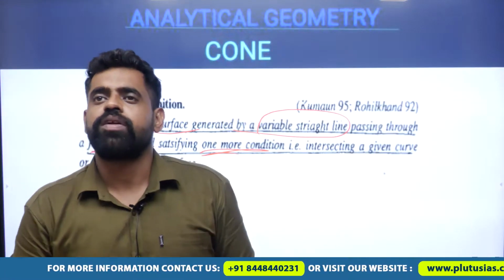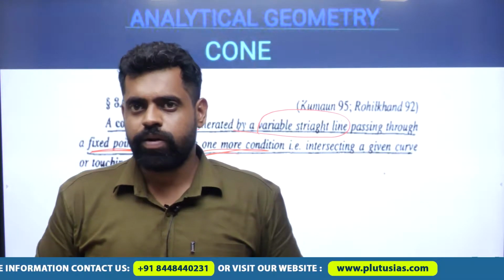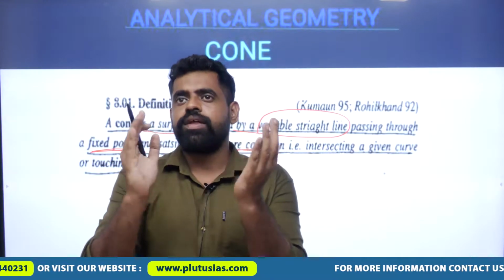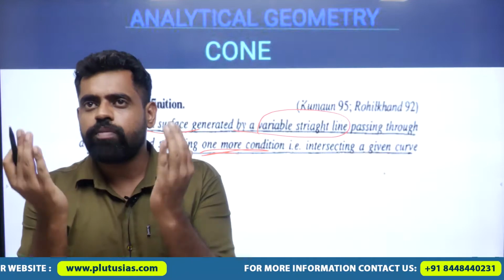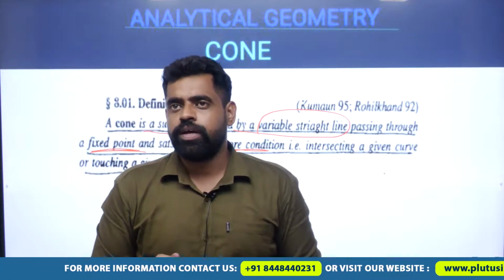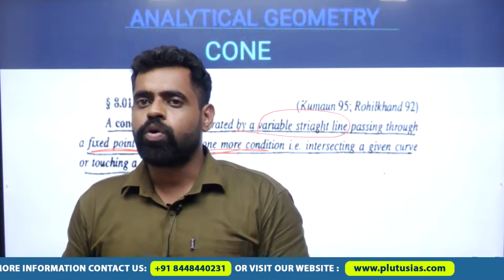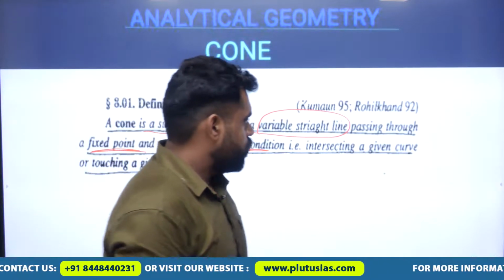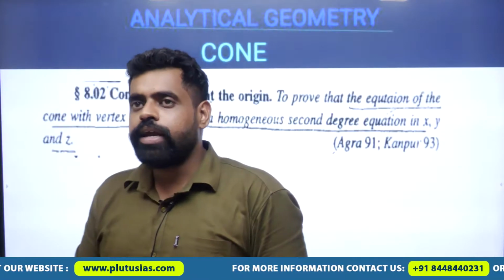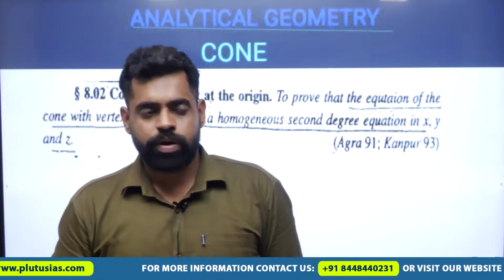It could be any condition. But the main point is that the locus of these lines is called a cone, and these lines are called generators because they generate the cone. So I think till now you must be clear about what is meant by a cone.